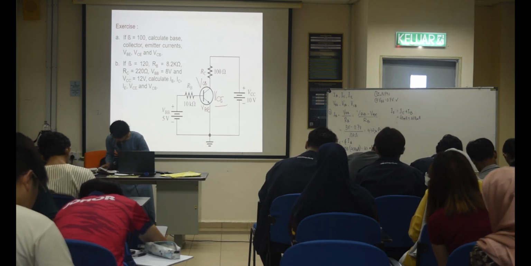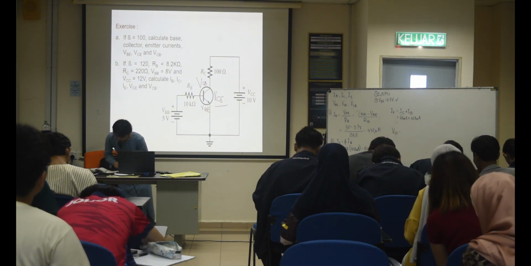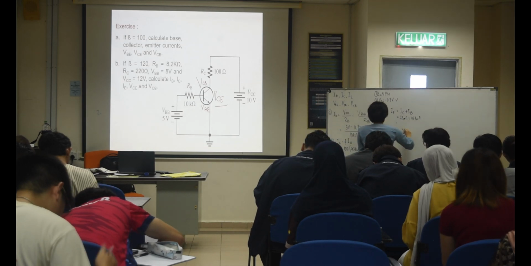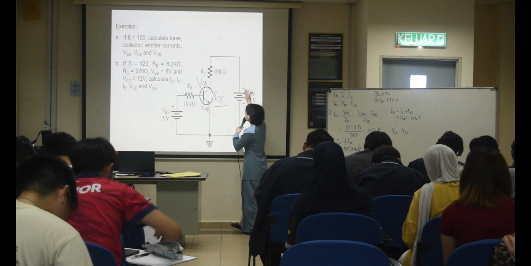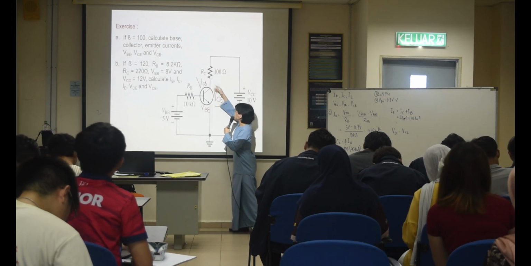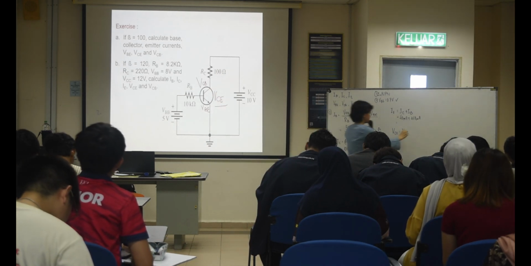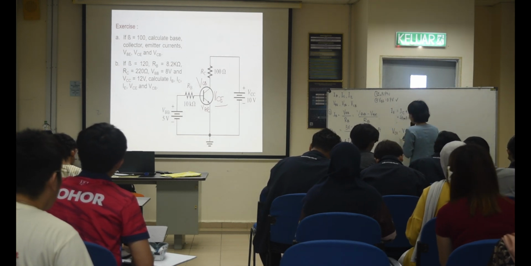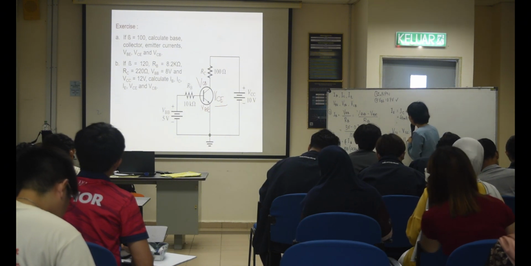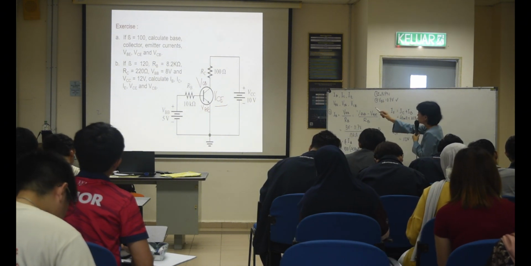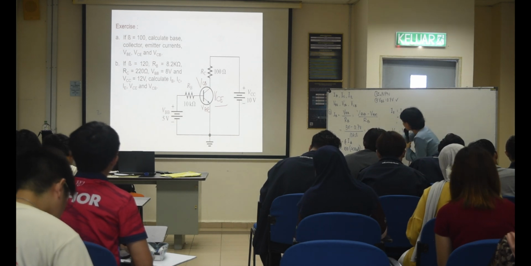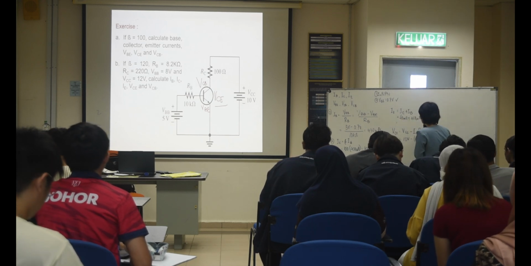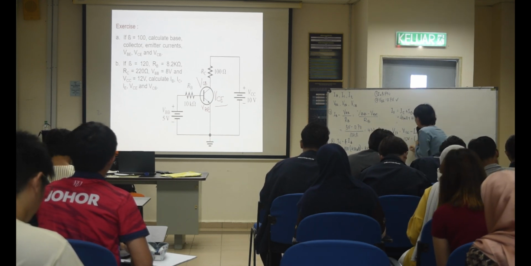Formula equals to VCC, because here the current is going in, you minus off this one. Minus IC, RC. Okay, VCC is 10 volt, minus IC, 42 milliampere, RC is 100 ohm. So you get your answer.